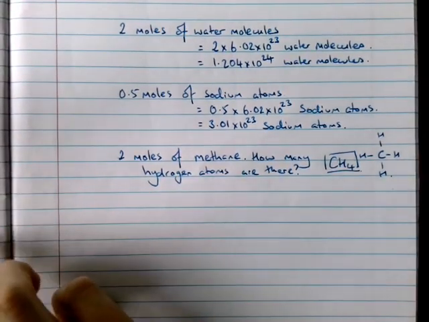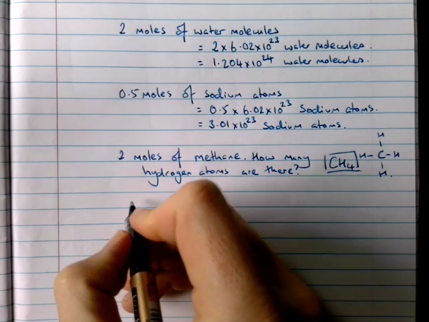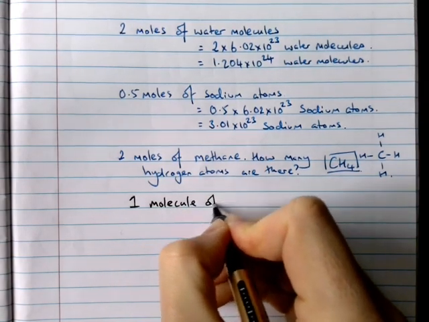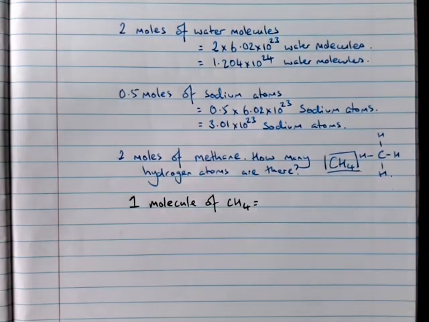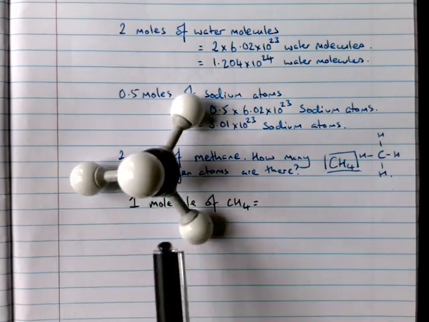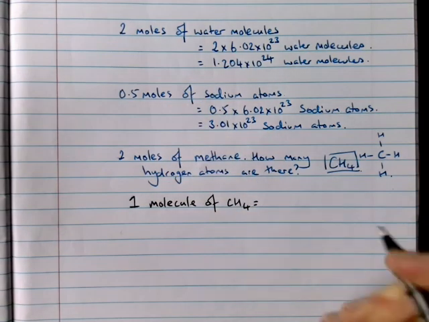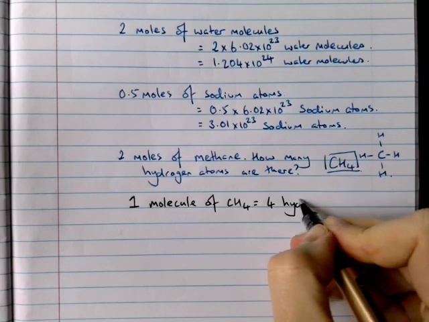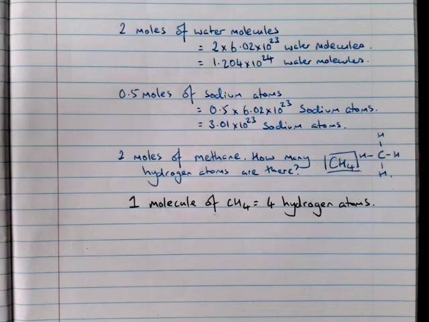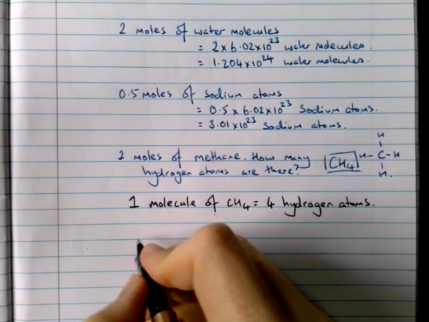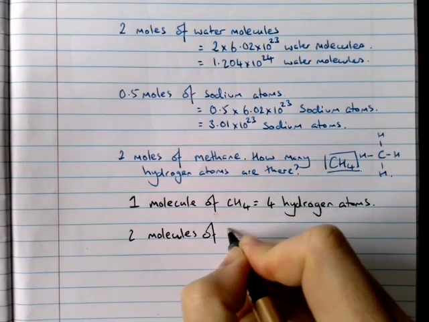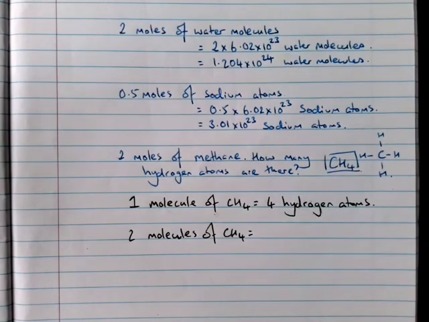If I have, let's say, one molecule of CH4, how many hydrogen atoms are there? Well, there's my molecule of methane. I've got 1, 2, 3, 4 atoms of hydrogen. Okay, so what if I've got 2 molecules of methane? How many hydrogen atoms do I have now?